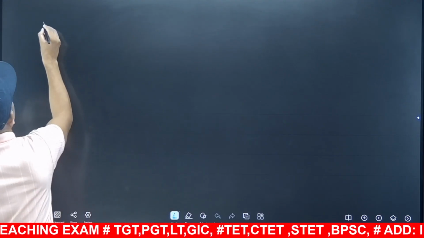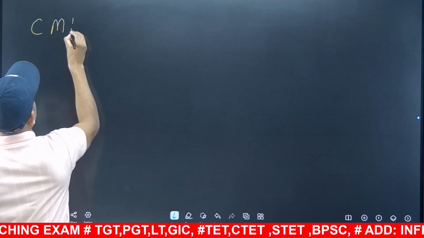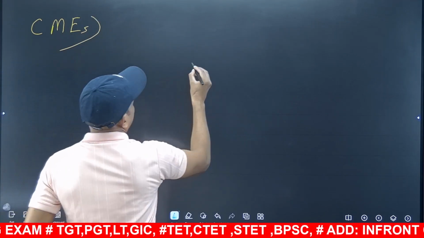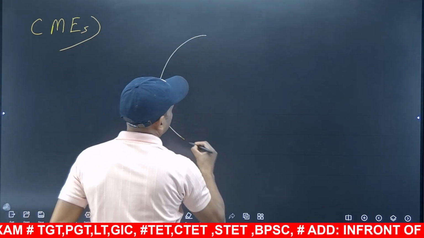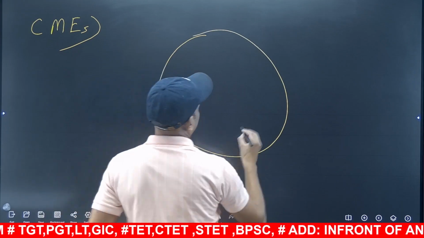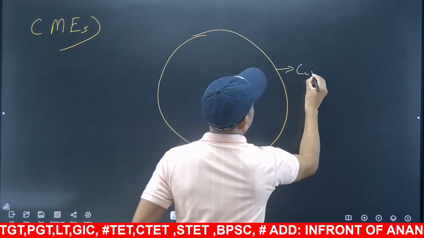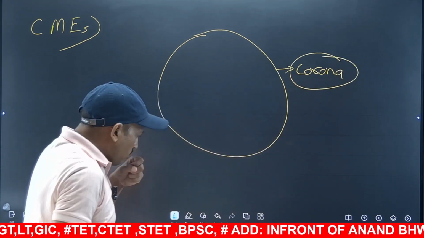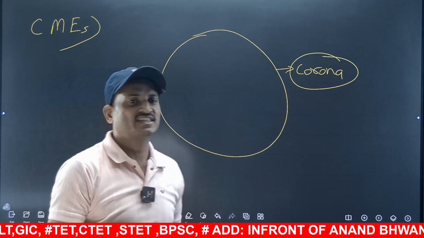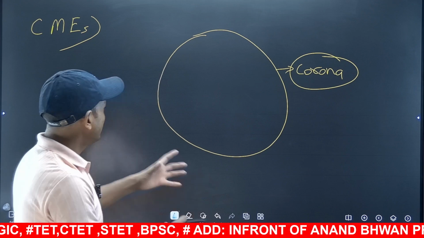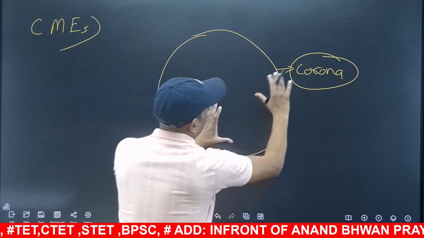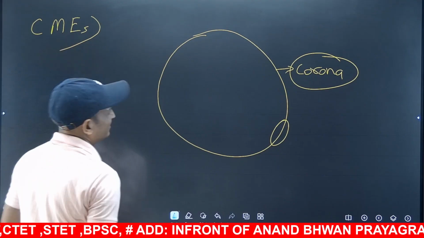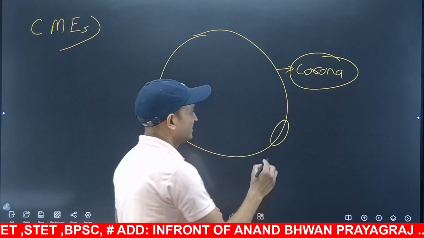If we talk about coronal mass ejections, the outermost layer of the atmosphere of the sun is known as the corona. Due to readjustment of magnetic field lines, sometimes mass from the corona gets ejected, that's why the name coronal mass ejection. This is mass, this is not radiation, this is mass.